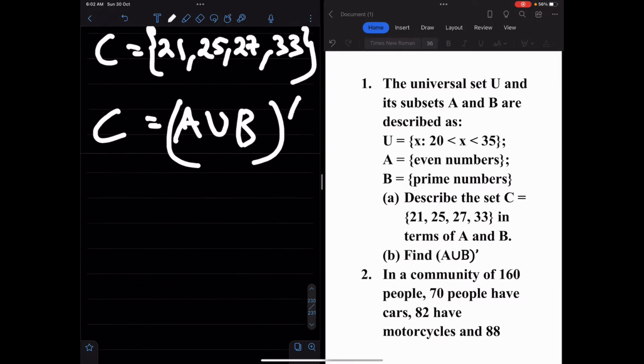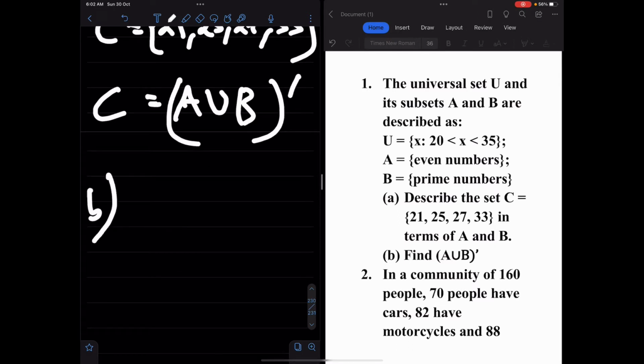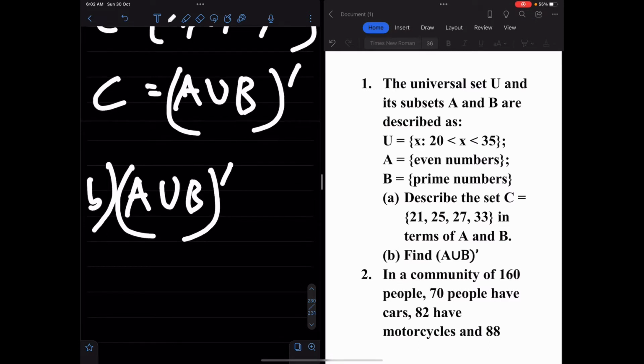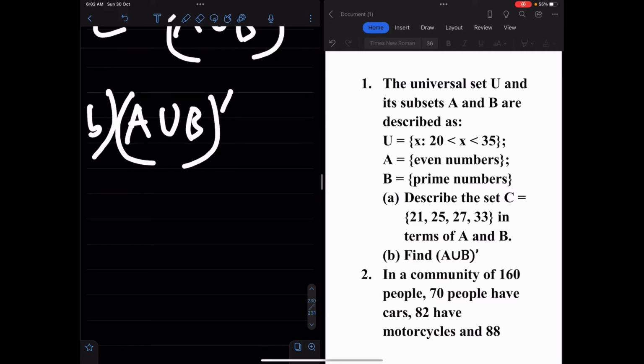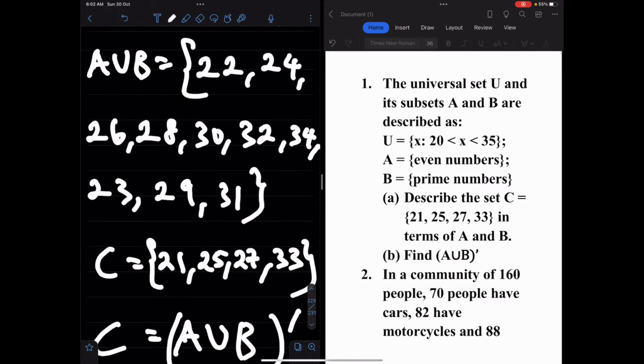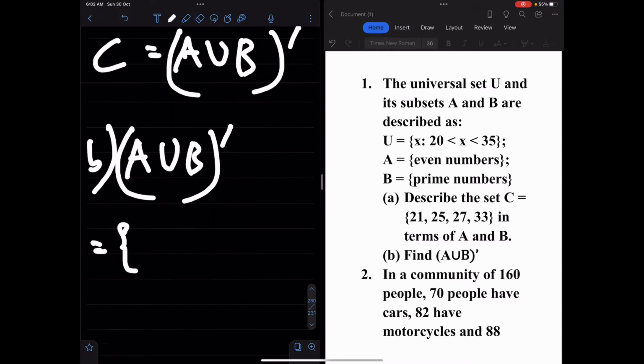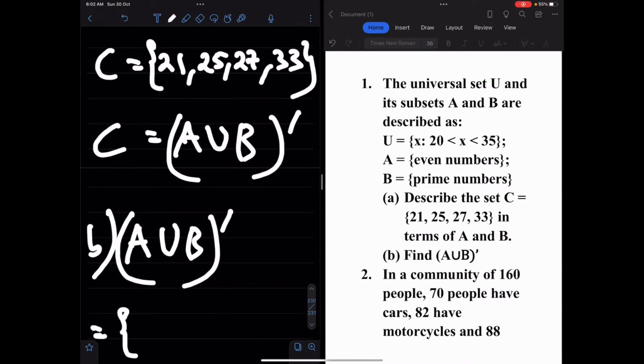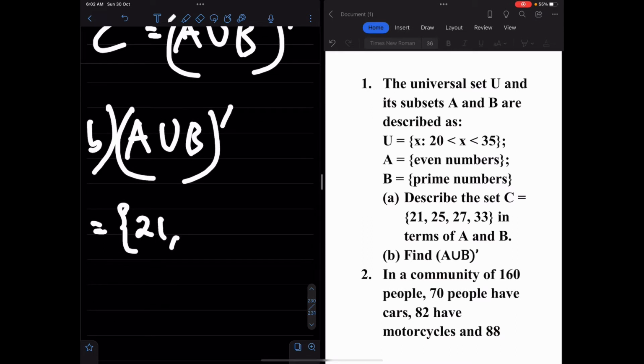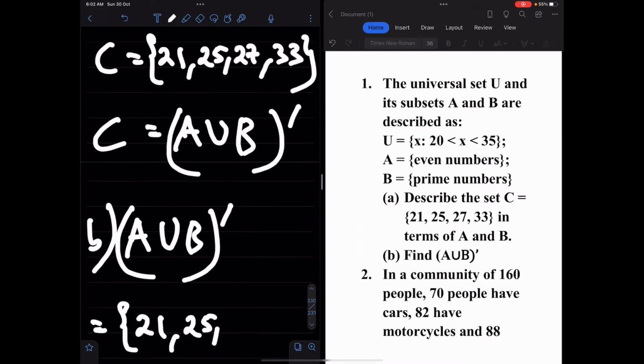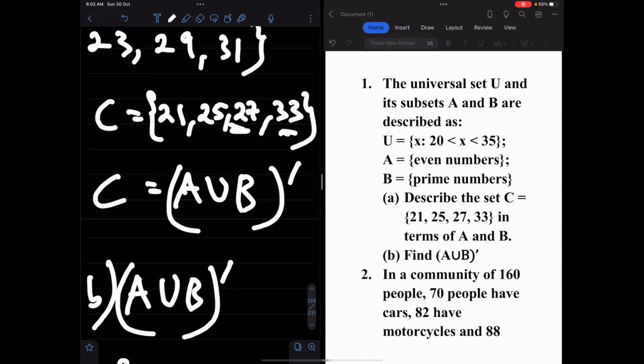Yeah, that's correct. Now to question B. Question B says find the complement of A union B. That's a piece of cake. The complement of A union B is the set C, and that's the set which has elements 21, 25, 27, and 33.